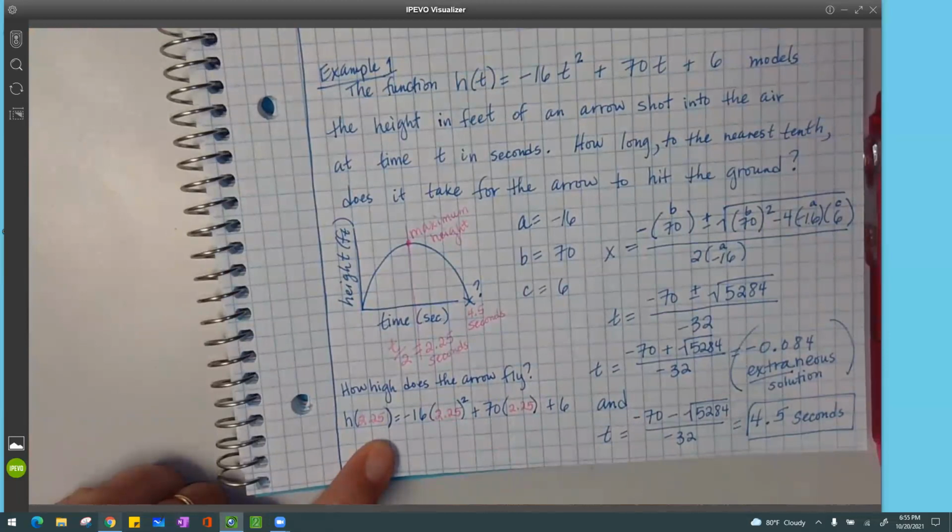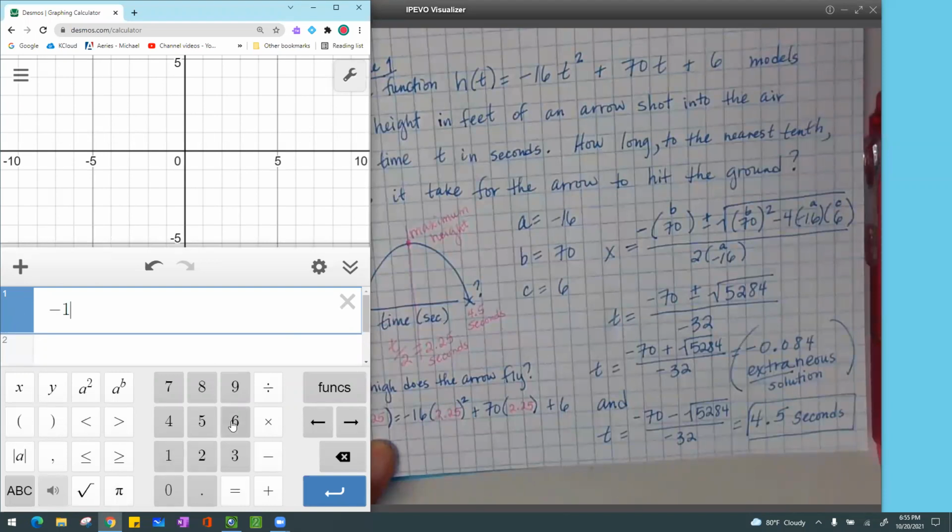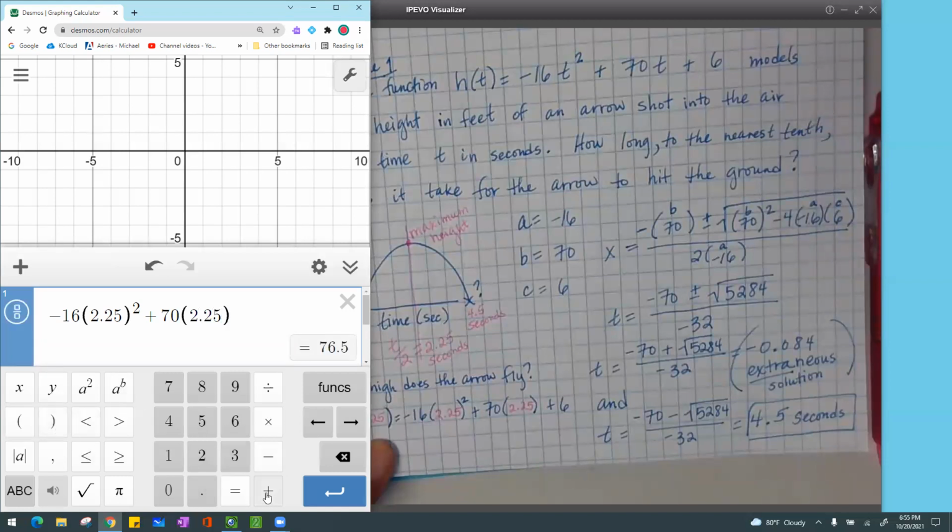get my calculator back out. I have -16 parentheses 2.25 squared plus 70 parentheses 2.25 plus 6. 82.5.